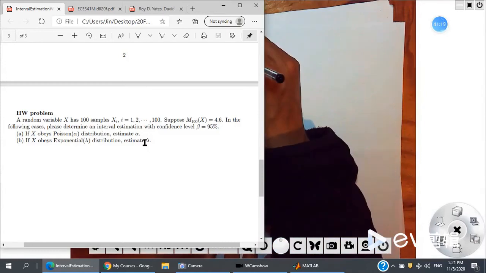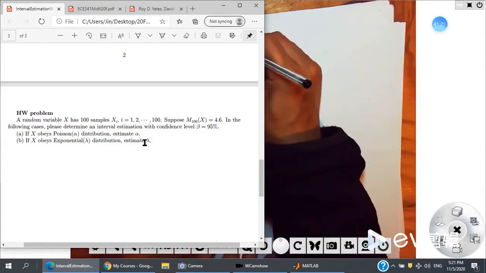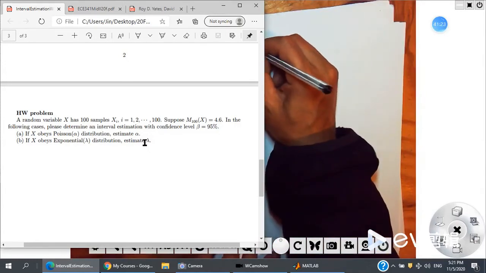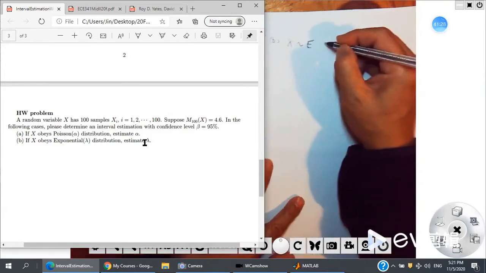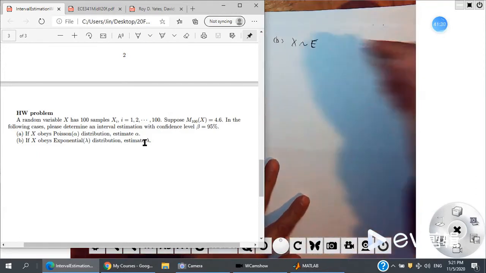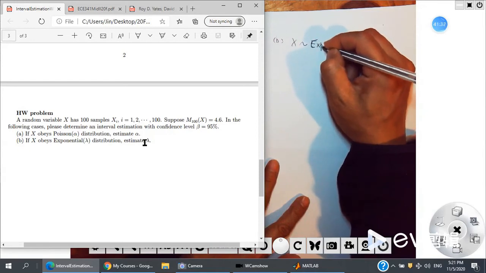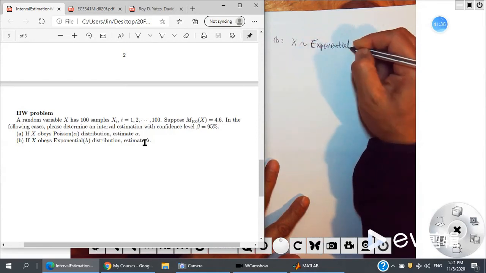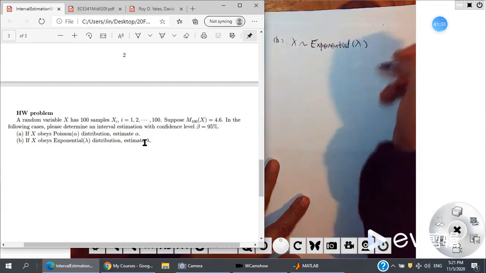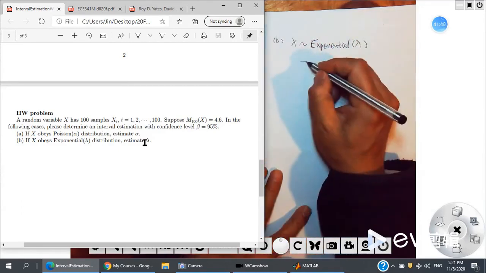X obeys the exponential lambda distribution. Okay, then what is EX?